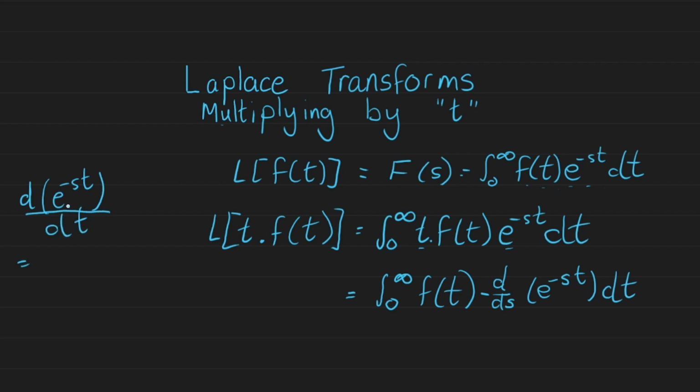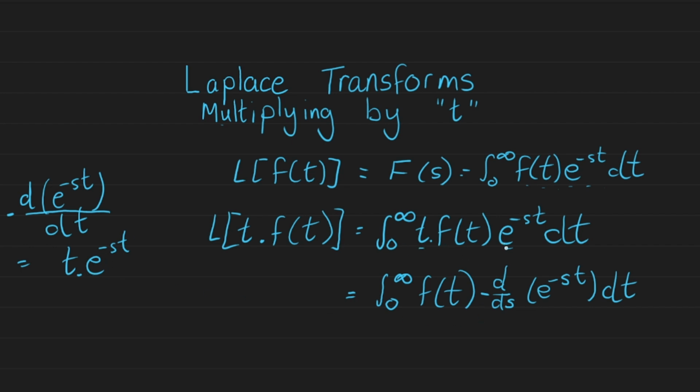What do I get? The derivative of the exponential function is just the exponential function, and using the chain rule, the derivative of the inside is t. If I put a minus in front, that will cancel the minus of the inside function, because it's to the minus st. So the derivative of this exponential function is t times e to the minus st, and that's exactly what we have here.